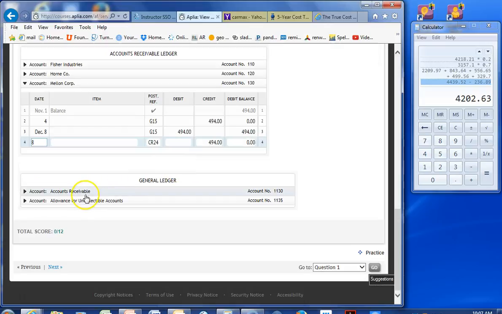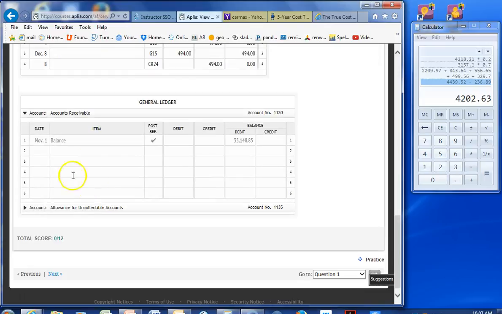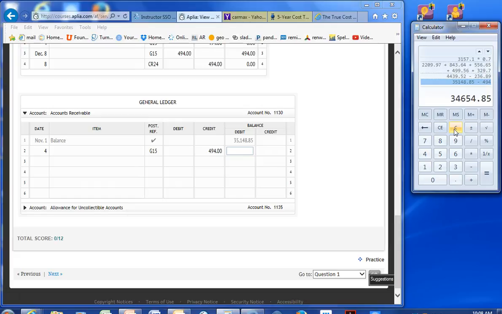Cool. Down to the general ledger. This one will be up quite a bit more to put in. On November 4th, everything's going to be G15. We have a credit of $494. Subtract it. Let's do this the right way. Clear. 3514885 minus 494 is 3465485.